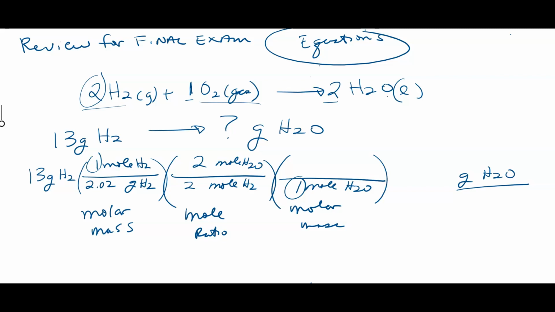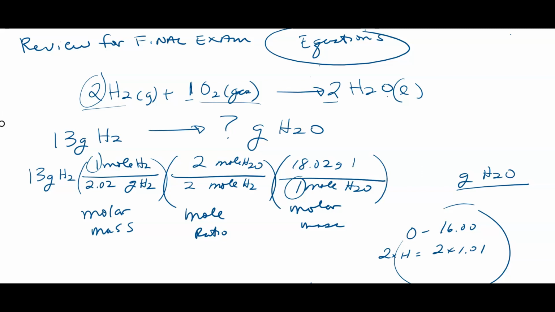It's 16 for oxygen and 2.02 for the 2 hydrogens, so it's going to be 18.02 grams. Water: oxygen is 16, 2 times hydrogen is 2 times 1.01. So when I get it all together, it's 18.02.